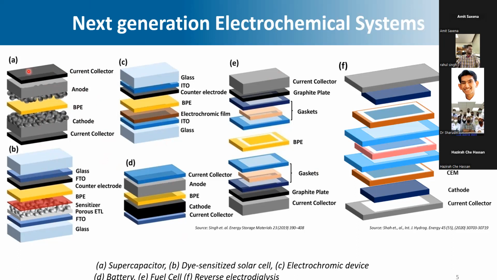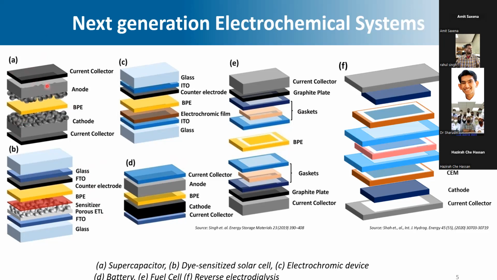If you see the structure of all these electrochemical devices, the physics behind them is a little bit close to the same, but the principle of the architecture differs in some ways.